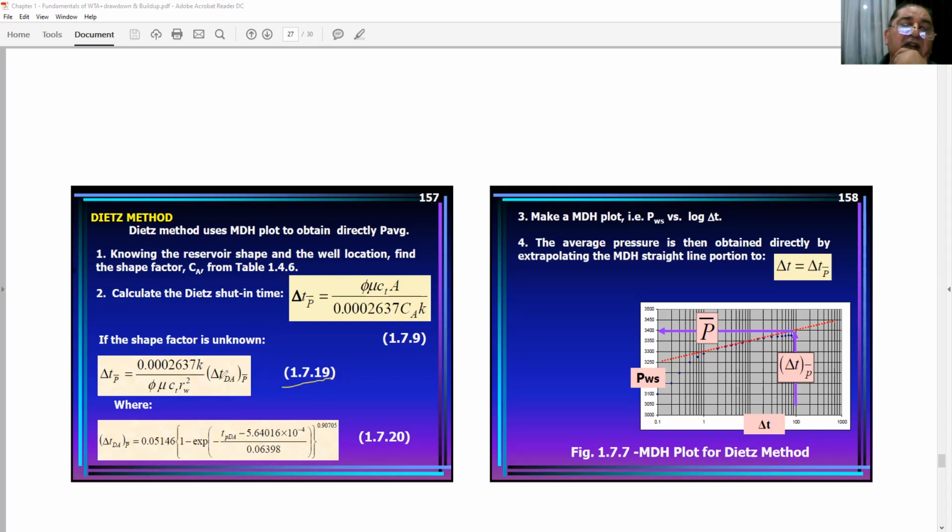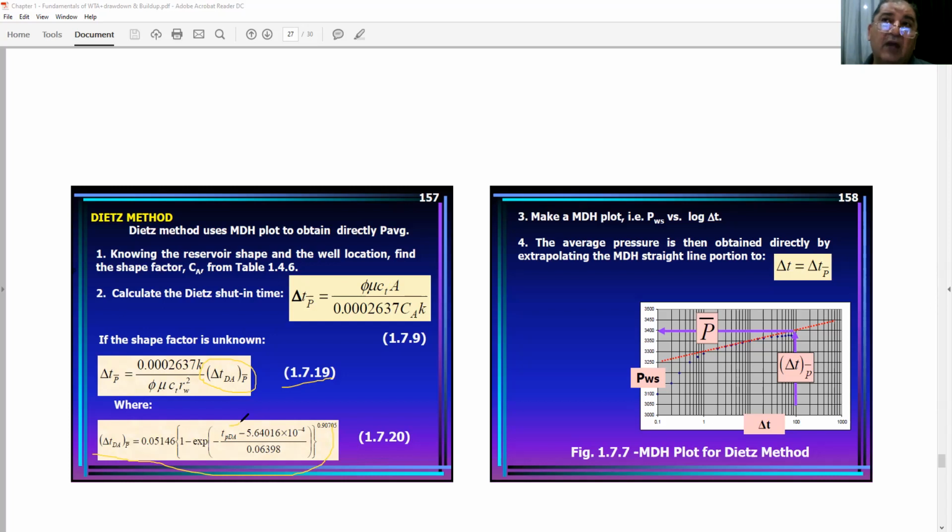For the model 17.19, you need to know delta tDA p dash, and this would be calculated by the model 17.20. For the model 17.20, you need the dimensionless production time, tpDA, which is 0.002637 k tp divided by phi mu ct rw squared.